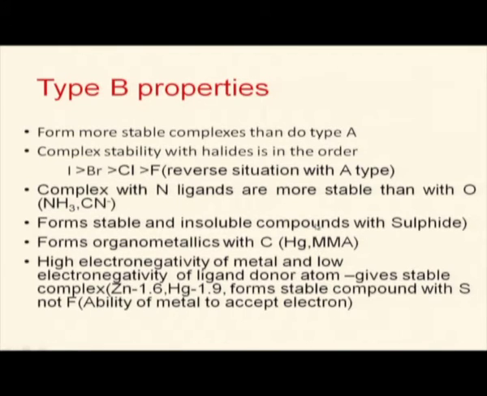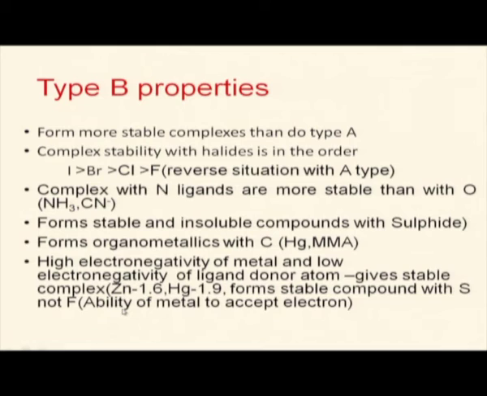Similarly, organometallic compounds of other type B metals are also very important. High electronegativity of the metal and low electronegativity of the ligand donor atom give a much more stable complex for this type B metal series. For example, zinc at 1.6 and mercury at 1.9 electronegativity form stable compounds with sulfur as a ligand, not with fluoride, because fluoride is a highly electronegative element.